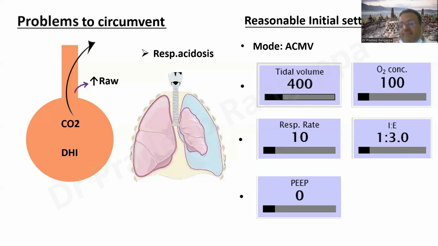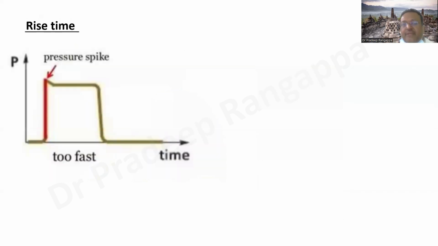Up to two-thirds of the intrinsic PEEP is sort of allowed, but not more than that, because that can worsen the dynamic hyperinflation. And the inspiratory rise time is around 5. So the rise time is the time that is set for the set goals to be achieved, or for the set pressures or the flows to achieve.